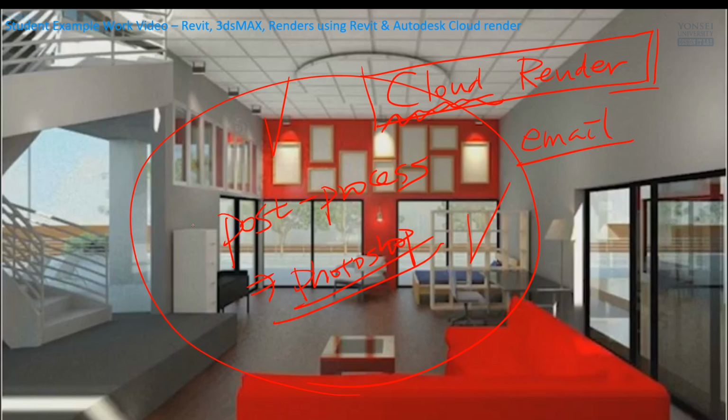This one doesn't have any post-process, which means this looks very nice even without post-process. If you Photoshop this final output, this one is going to be much better and much enhanced. I'm pretty sure of that.